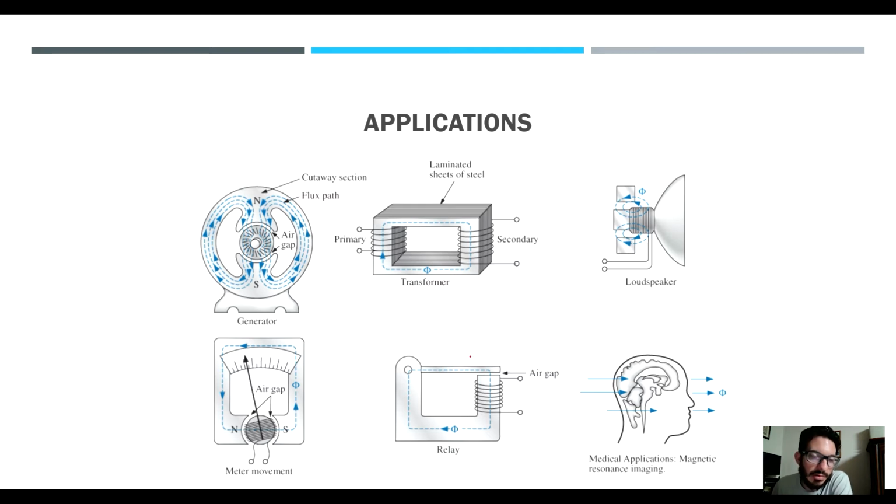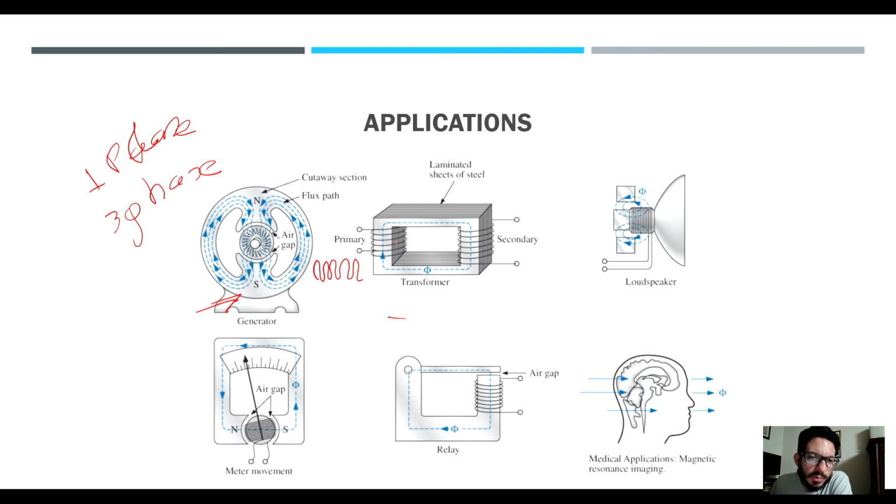So for instance, we have a generator, and this is a good application for generating electricity, or for obtaining three-phase electricity, or even one-phase electricity. Like the electricity that you get at your house could be made by a generator at a power plant, where this is rotating at a certain frequency and is generating the frequency of the positive and negative voltages that we need.